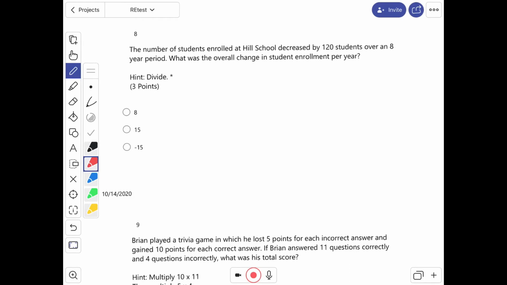Number 8. The number of students enrolled in Hill School decreased by 120 students over an 8-year period. What was the overall change in student enrollment per year? So it's asking how much was on each year. That means it's wanting us to divide. And decreased means that's negative.